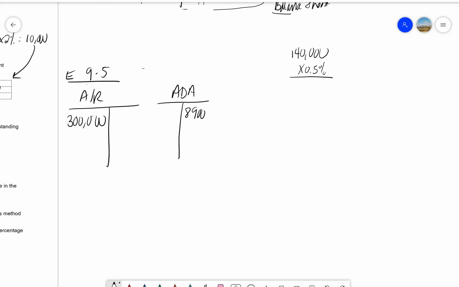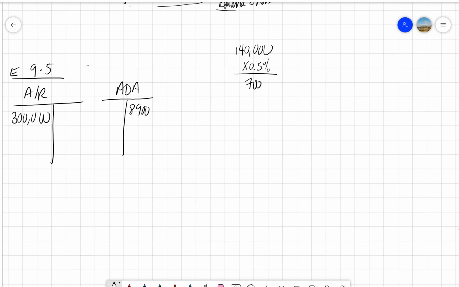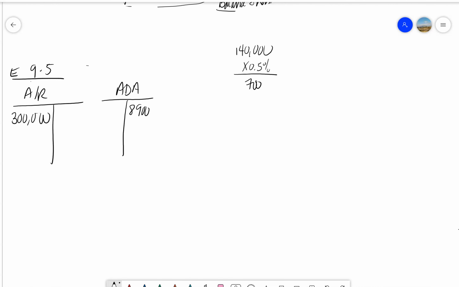So 140,000 times 0.005, that's 0.5%, gives us $700. So of 140,000 in accounts receivable, we think that only 700 will be uncollectible.